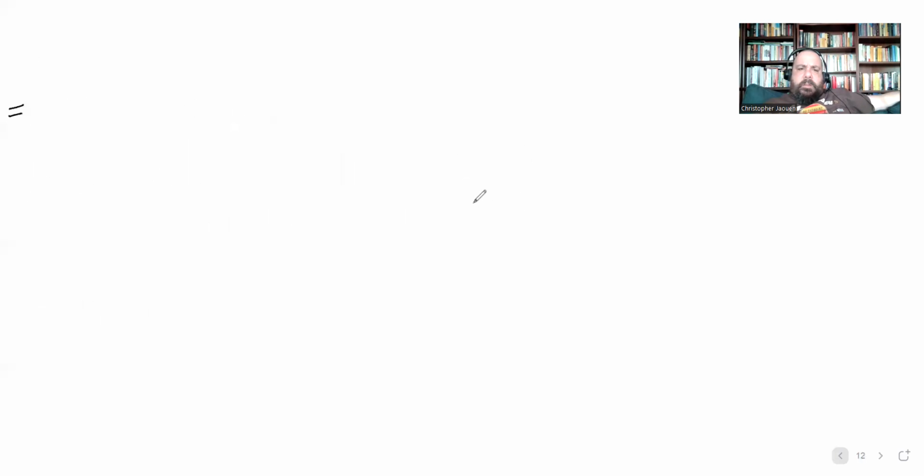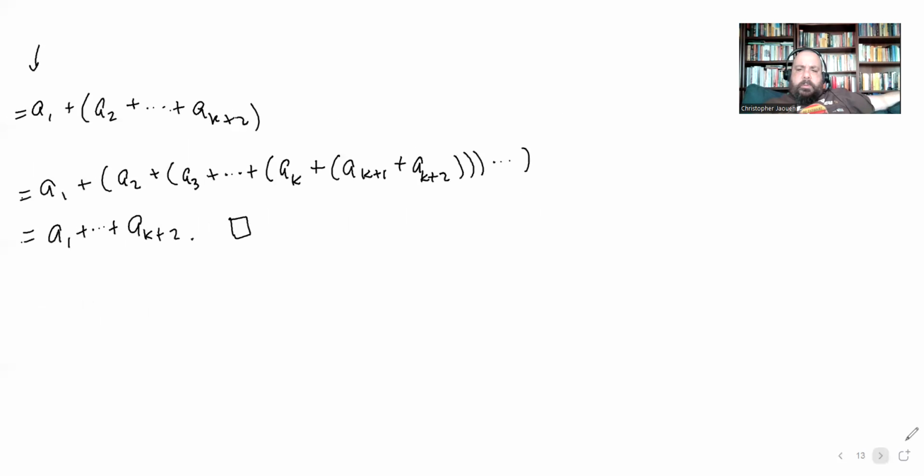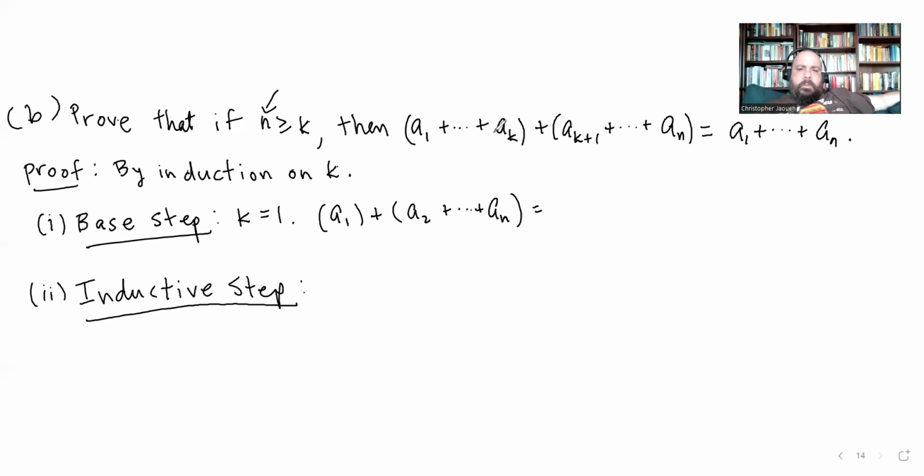Now that I'm thinking about it, it follows right from this. So actually the base step here is a1 plus, and this thing here is, using the concreteness thing that he said, a2 plus a3 plus dot dot dot.